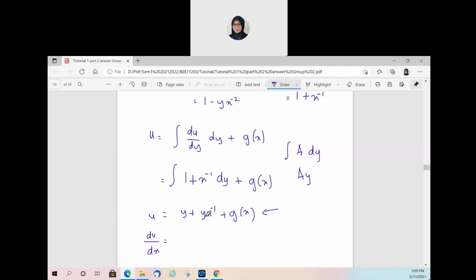Betul. Okay, now you differentiate this y x minus 1 with respect to x. So what is your answer here? Negative x power negative 2.